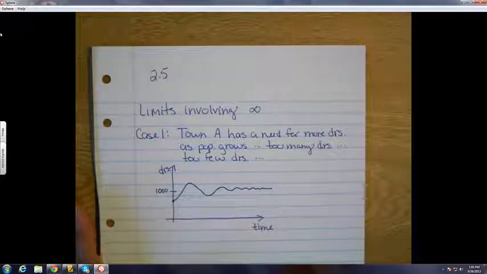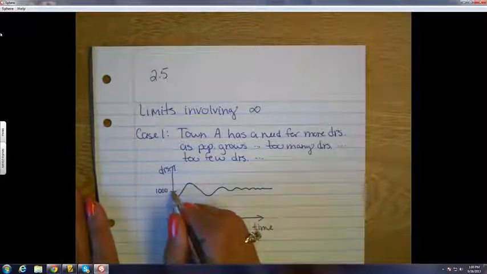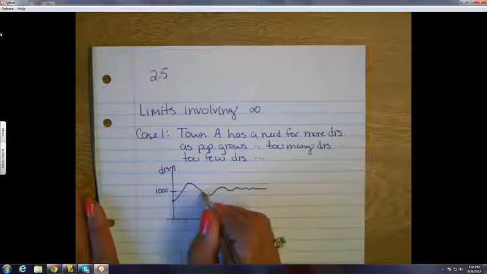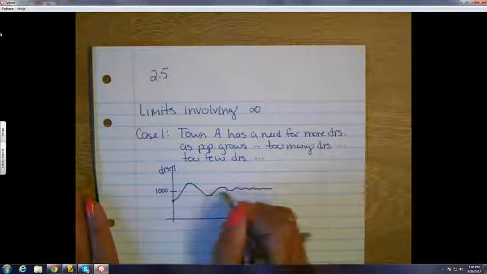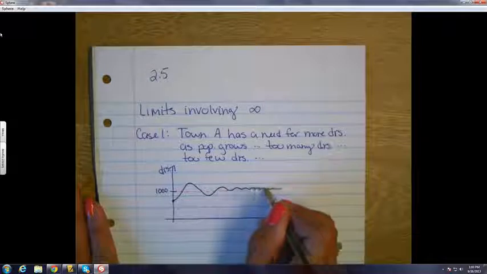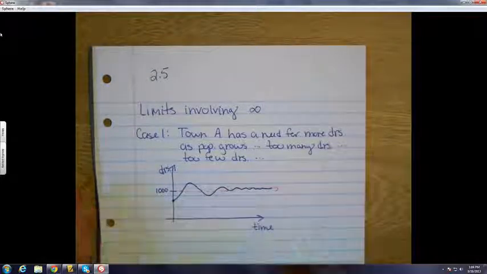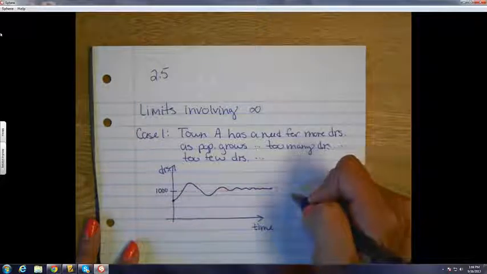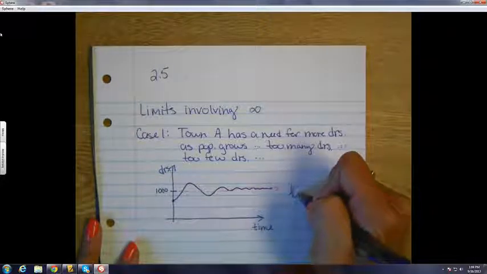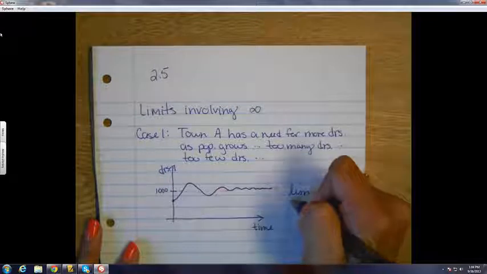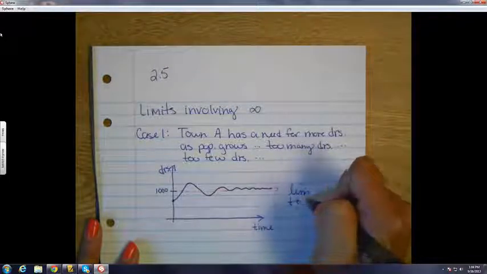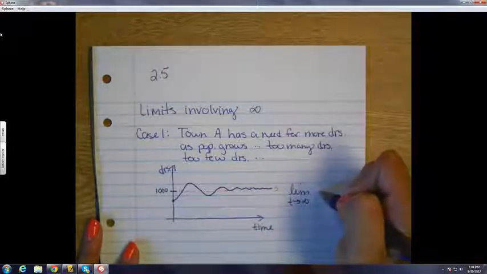So we've crossed this line right through here many, many times. I'm going to hit all those. So with a graph like this, I can ask the question, what's the limit as time approaches infinity of this doctor function?